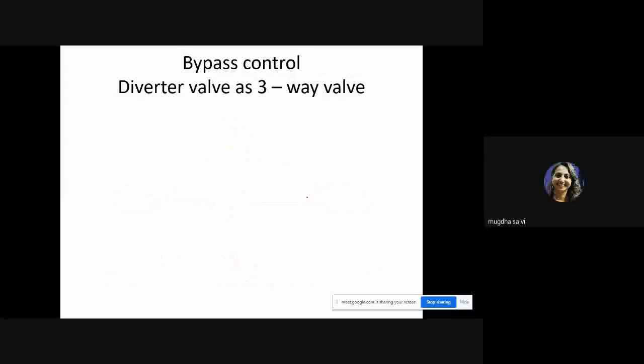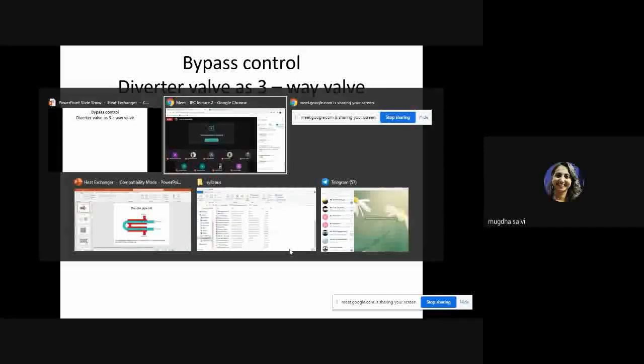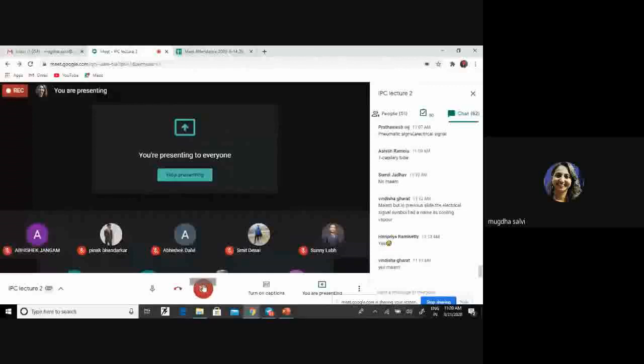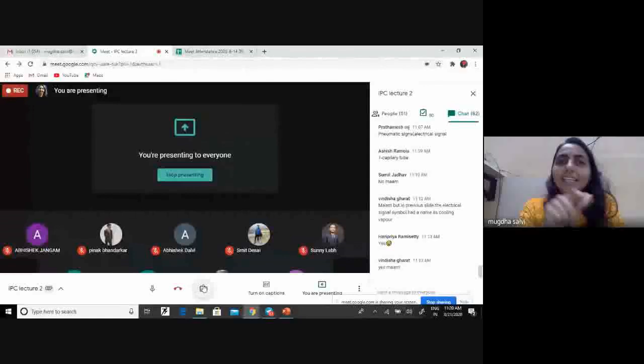Now, a simple example of bypass control that I could give you is, in case you wish to have a glass of hot water. You want hot water to drink just to soothe your throat or something, and you keep a vessel and boil the water. Now the water is too hot to be drunk directly.